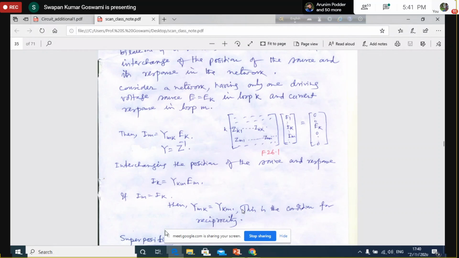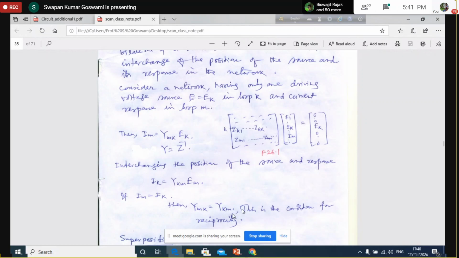Say we have kept the value of the source same, E here. So Ik will be equal to Im. If Ik and Im are equal, and we keep the voltages equal, we can say that Ymk will be equal to Ykm.